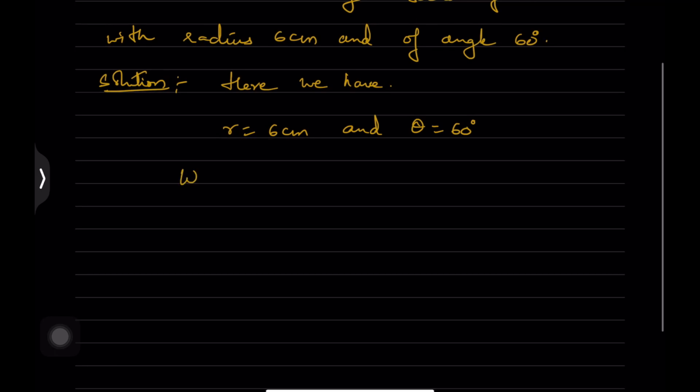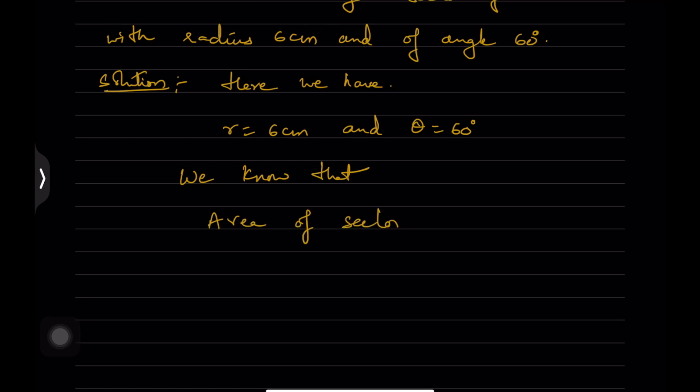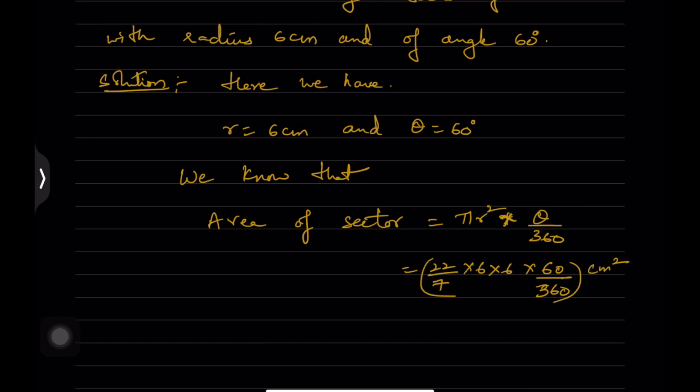So we know that area of sector is equal to pi r square into theta by 360, which is equal to 22 by 7 into 6 into 6 into 60 by 360 centimeter square.